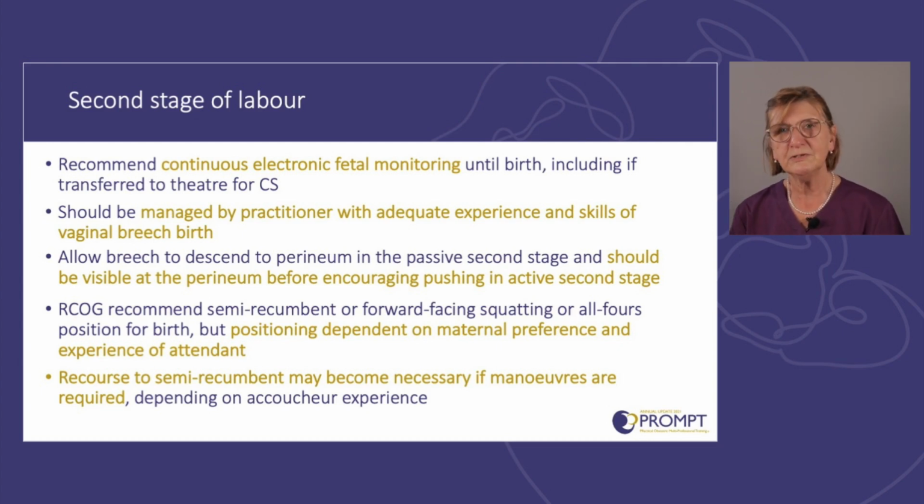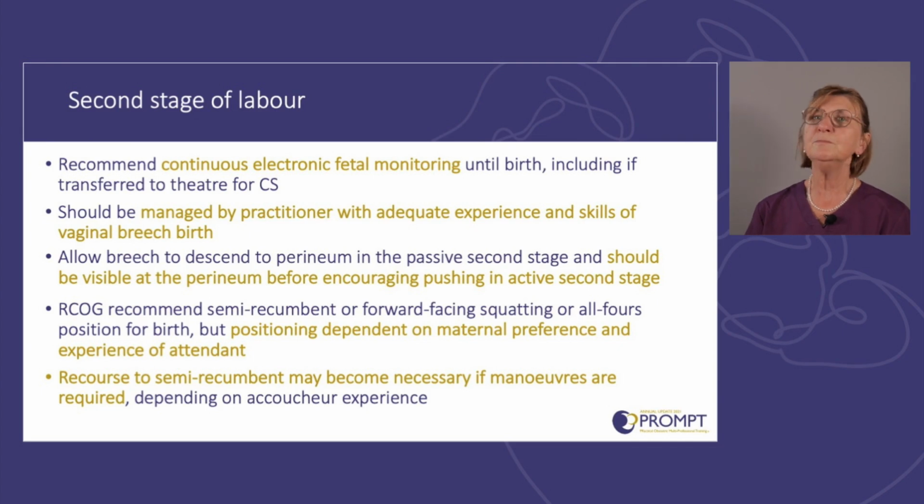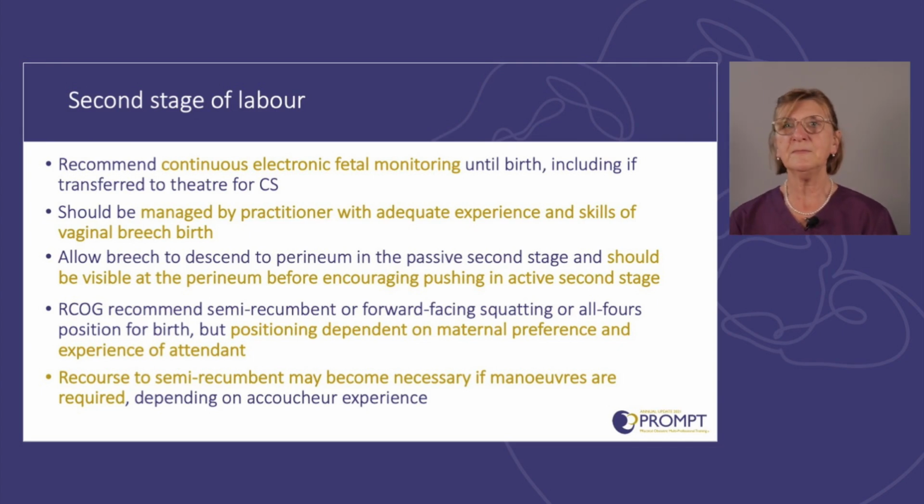And the breech should be visible at the perineum, and that should be your trigger for then conducting the active stage of labour. The RCOG recommends a semi-recumbent position or a forward-facing squatting or all fours position, but that position is very much dependent on maternal preference, but also the experience of the attendant again.